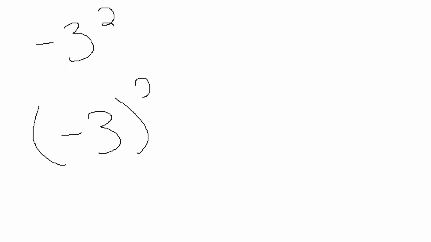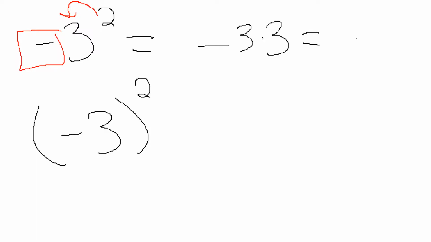Let's talk about negative 3 squared versus negative 3 squared. Again, the exponent only affects what is directly in front of it. Directly in front of this 2 is simply a 3. This negative is not being touched, which means it's just going to stay put. And then I have 3 times 3, which gives me negative 9.